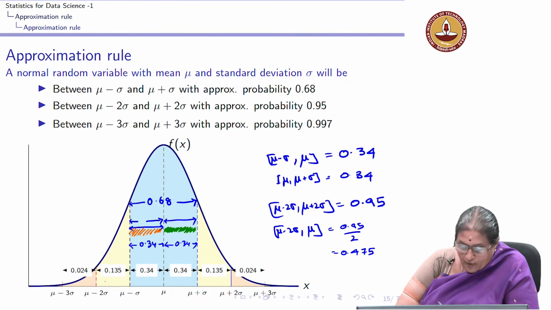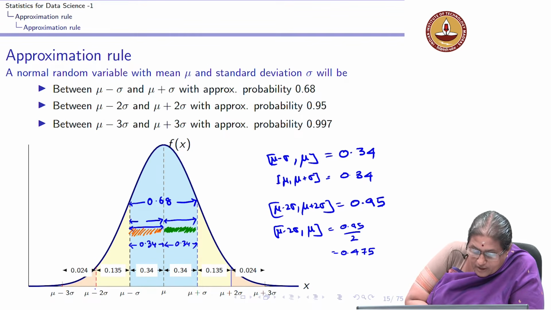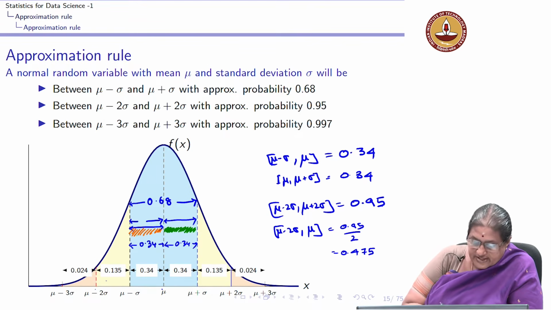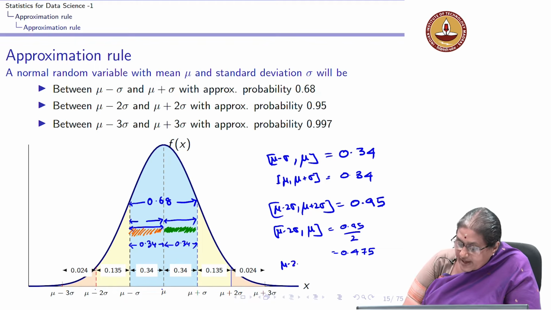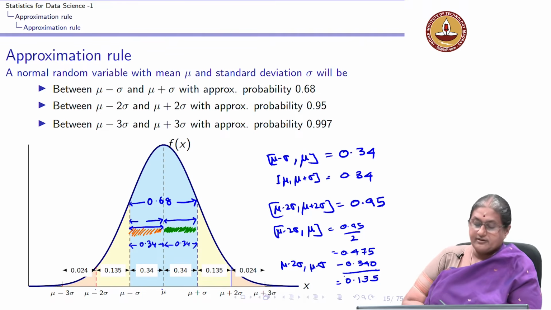Now, this region mu minus 2 sigma to mu is 0.475, so mu minus 2 sigma to mu minus sigma is going to be 0.475 minus 0.34, which is going to be 0.135.